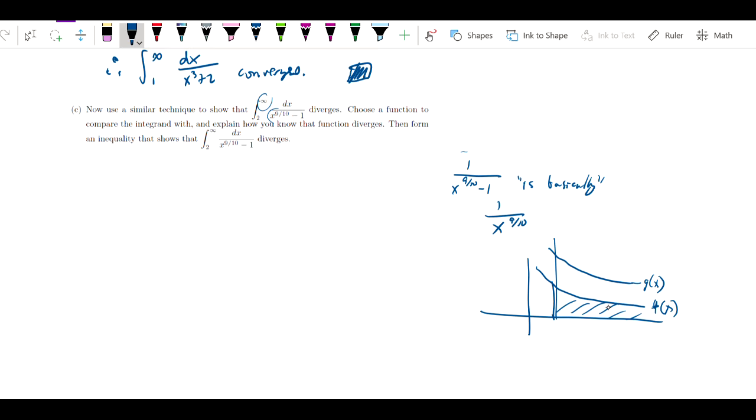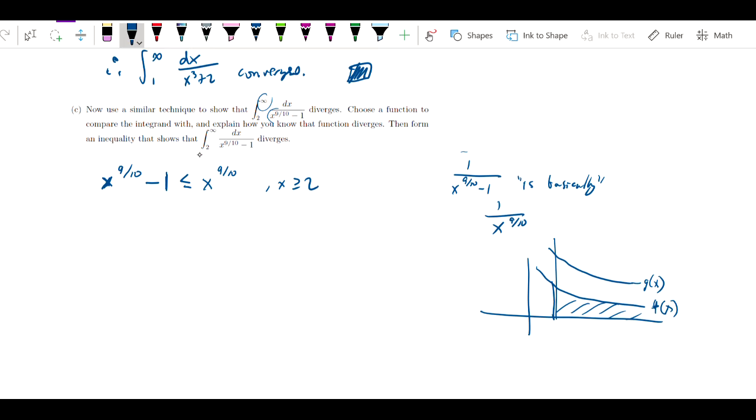So let me ask you, do you agree? I won't be able to hear your answer. This is a video. Do you agree that x to the 9/10 minus 1 is less than or equal to x to the 9/10 for all x greater than or equal to 2? And the reason I'm starting at 2 is because that's where the integral starts.